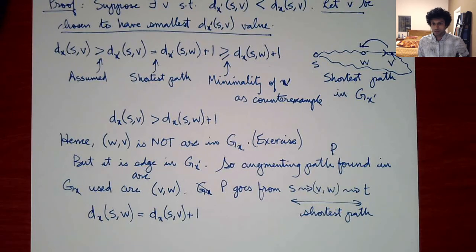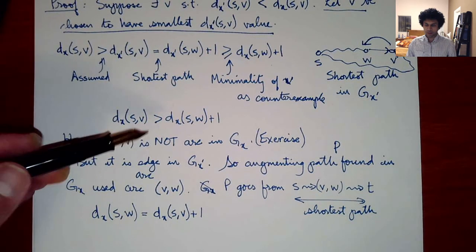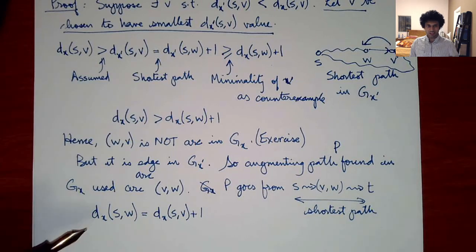Now do you see the contradiction? dx SV was strictly greater than dx SW plus 1, but here we deduce that dx SW is equal to d of SV plus 1.